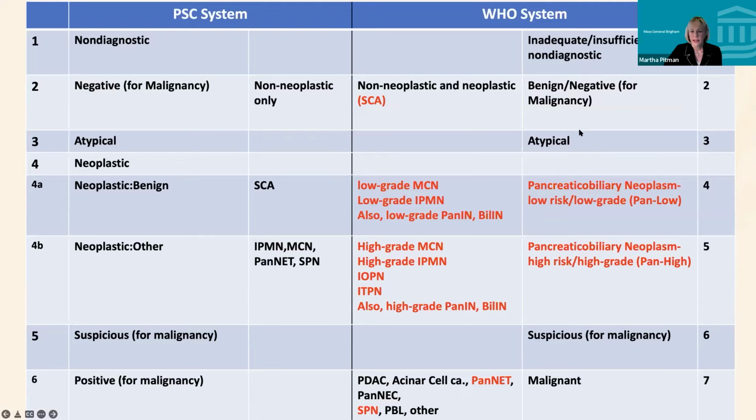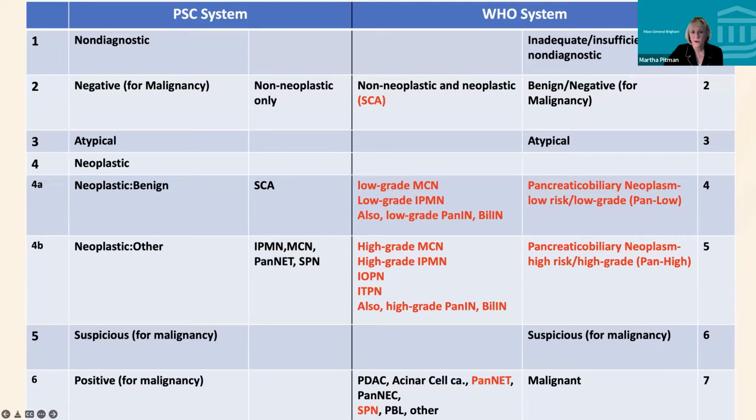And we still have an indeterminate atypical category, but the neoplastic other category is now split into two distinct categories. Pancreaticobiliary neoplasm, low risk, low grade, or you could for short say pan-low, and pancreaticobiliary neoplasm, high risk, high grade, shortened to pan-high.